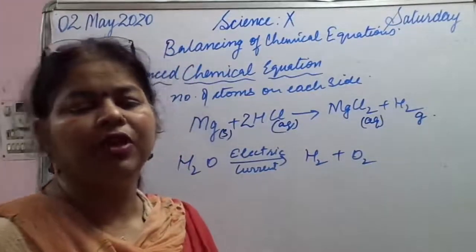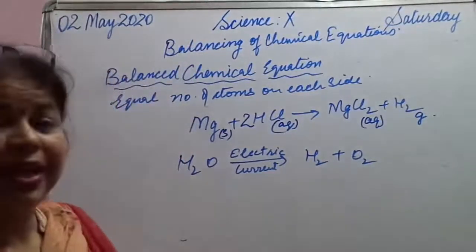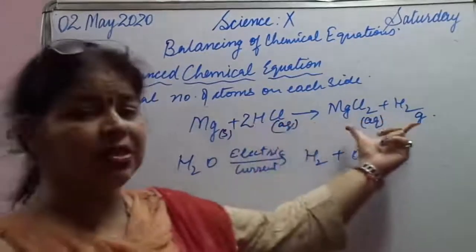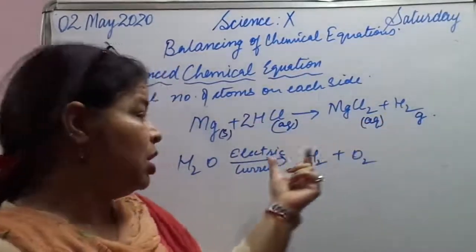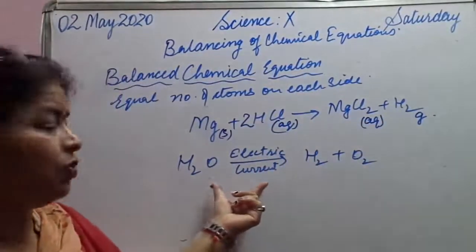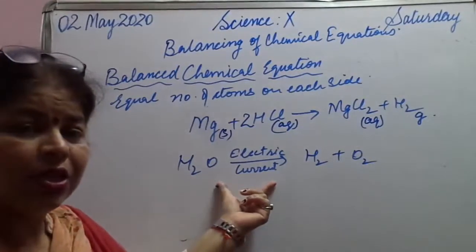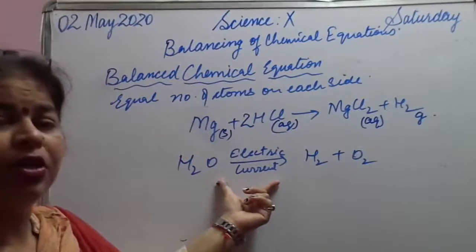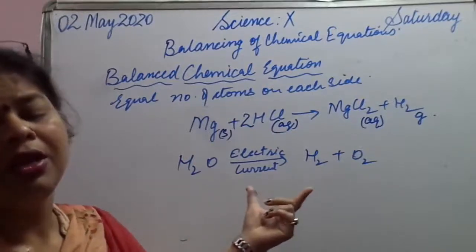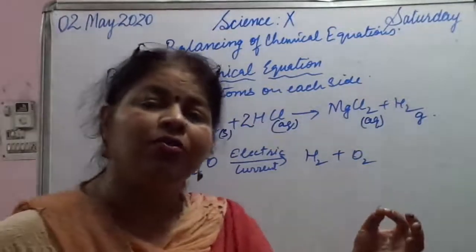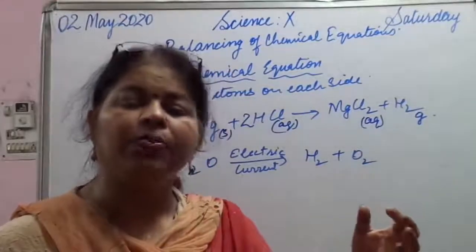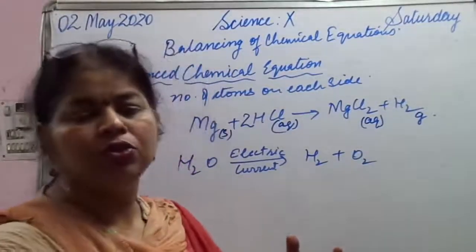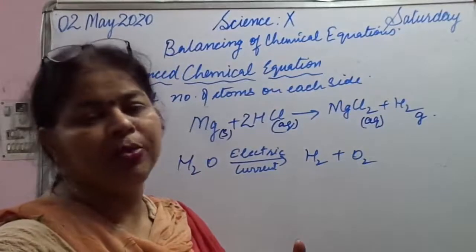So in this way, when we write down the different states of the substances, that also makes it informative. If we have to write some essential conditions, without which the reaction is not going to take place, that also can be written on the arrow, and it makes the equations more effective and more informative.